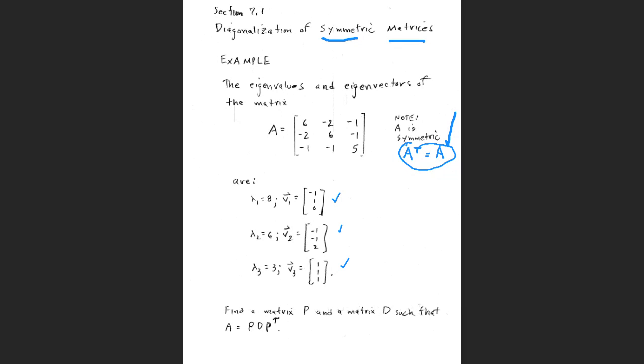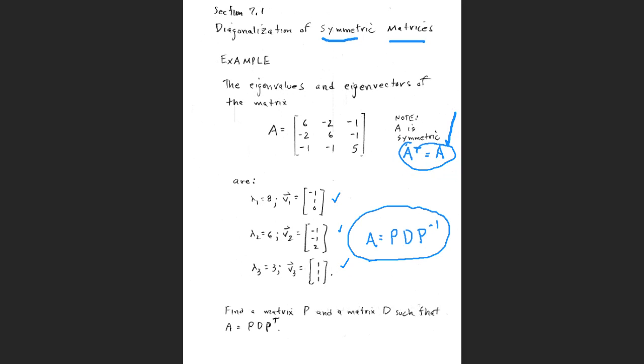And you know from what you learned back in section 5.3 about diagonalization that if the multiplicity of an eigenvalue equals the dimension of its eigenspace for every eigenvalue, then the matrix A can be written as P times D times P inverse. This is called diagonalization, section 5.3.